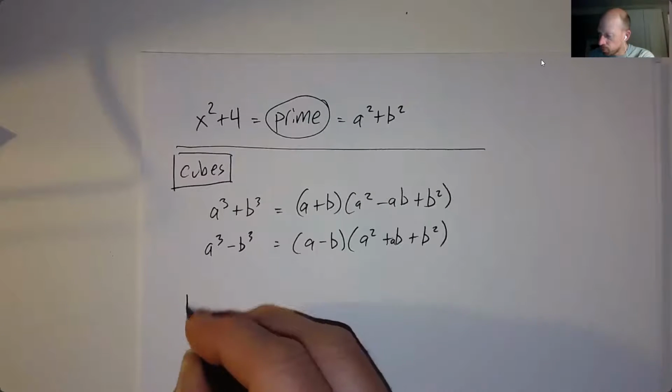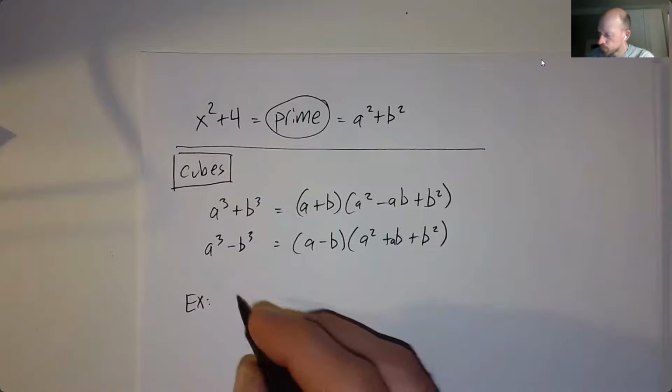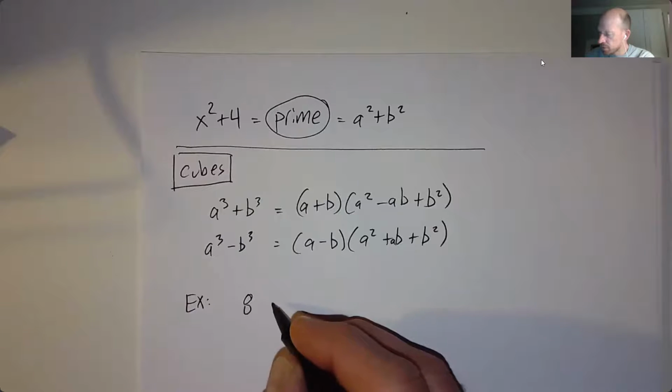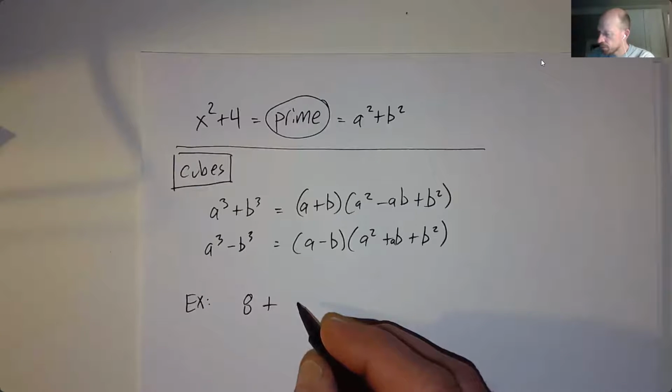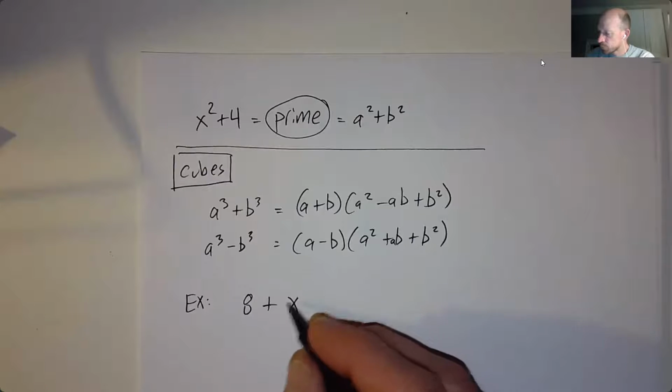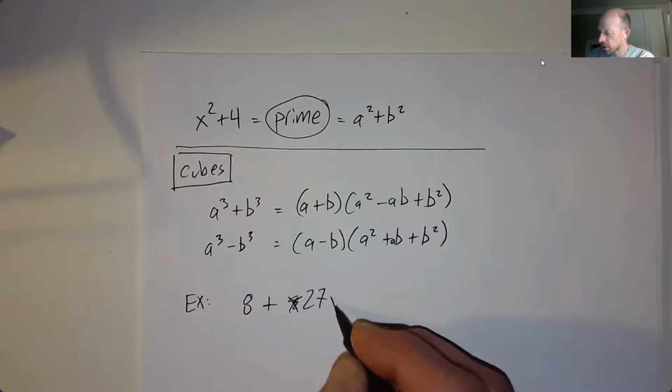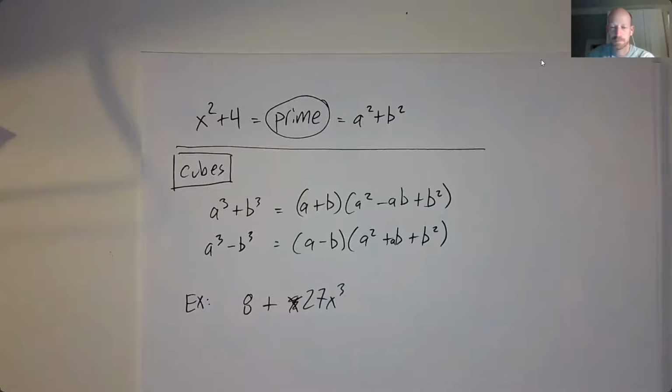So for example, if I have 8 plus 27x cubed. That's a binomial. It's two terms. It's not the difference of squares or the sum of squares. It is the sum of two cubes.